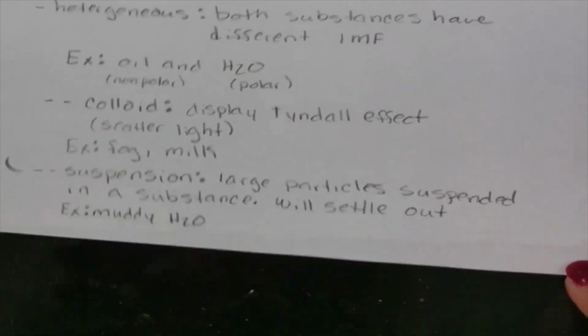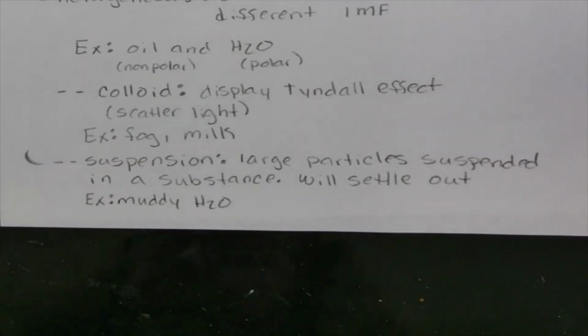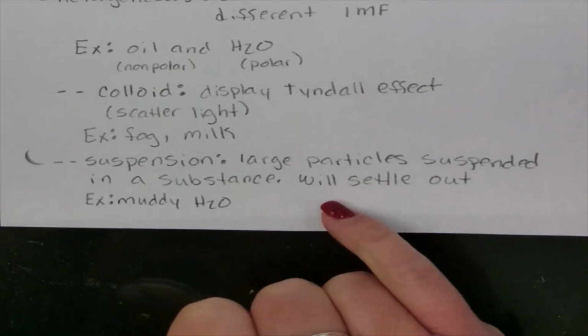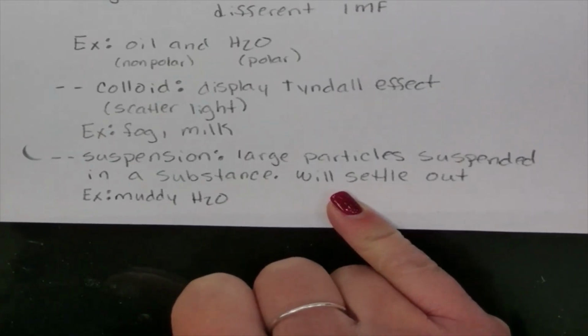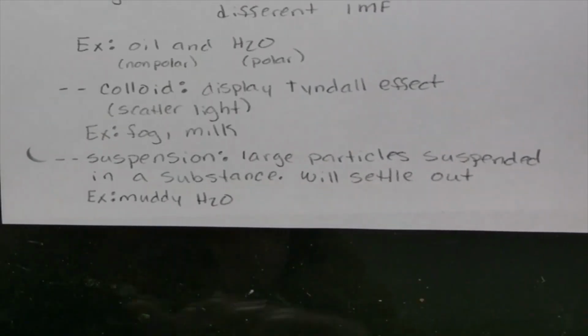A suspension is another type of heterogeneous mixture, all right? And this is where we have large particles that are suspended within a substance, but if you allow them to sit, they will settle out, meaning the large particles will fall down to the bottom of that solution. And an example of that would be muddy water.